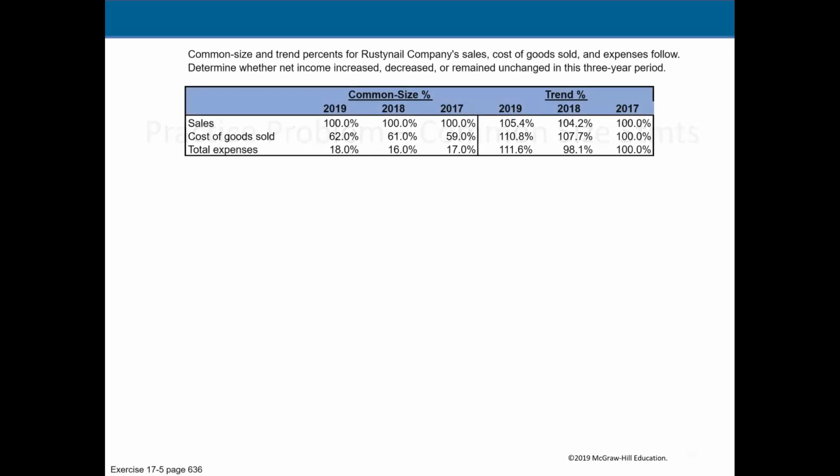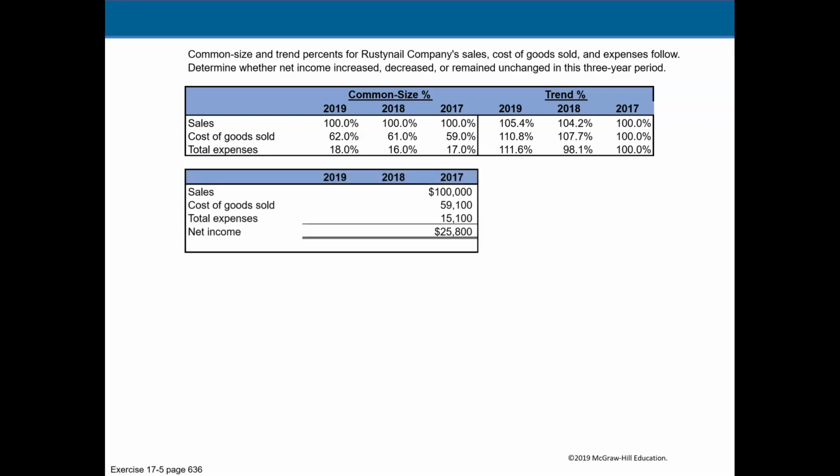Okay, let's look at an example of the common size. Here we're given the common size percentages for 3 years worth, 17, 18, and 19 for sales, cost of goods sold, and total expenses. We're going to work backwards here to get the number. So we're doing the opposite, backwards. We know that sales of $100,000 is the base amount.